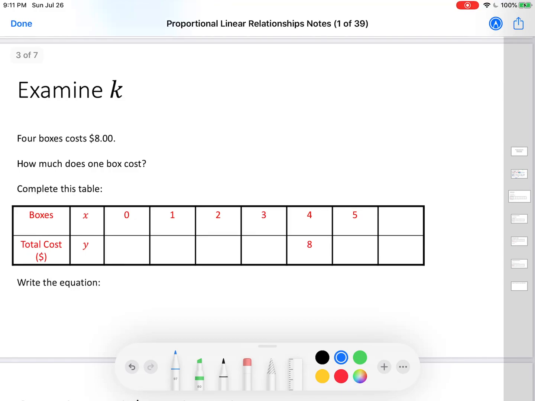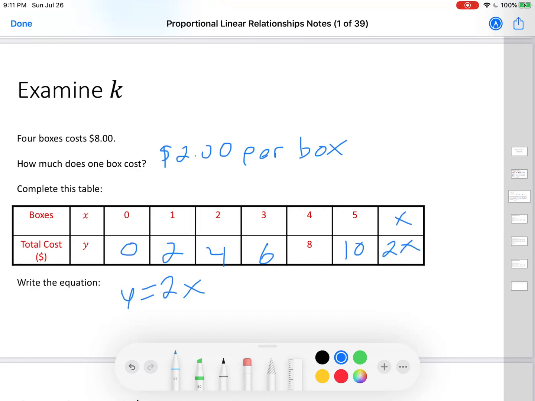This is exactly the same page, but I just want to examine k for a little bit. How much does one box cost? Well, we know that that is $2 per box. Complete the table. 0, 0, 1, 2, 2, 4, 3, 6, 4, 8, 5, 10, x, 2x, equation, y equals 2x.